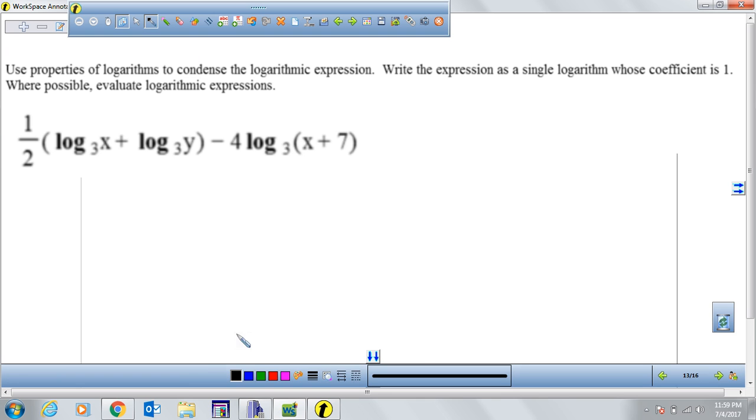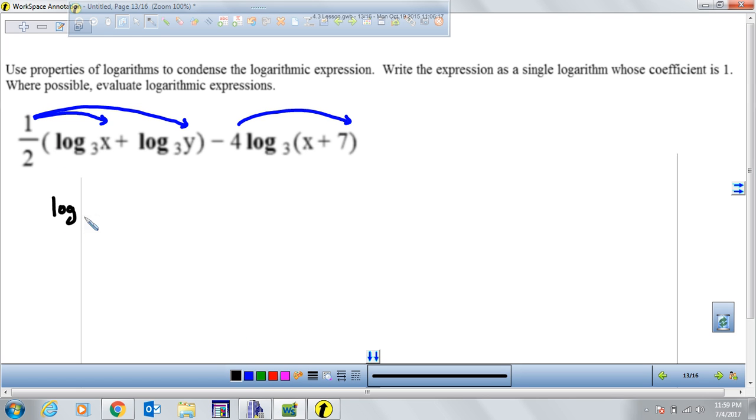That 1/2 is going to be the power for both the x and the y, and that 4 is going to be the power for the x plus 7. So we're going to rewrite it as the log base 3 of x to the 1/2 power plus the log base 3 of y to the 1/2 power minus the log base 3 of x plus 7 raised to the 4th power.